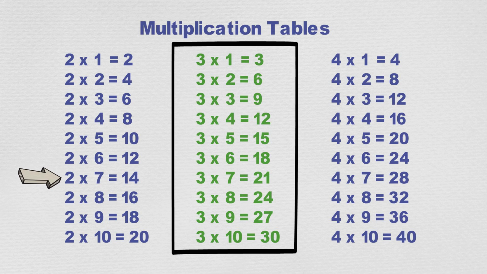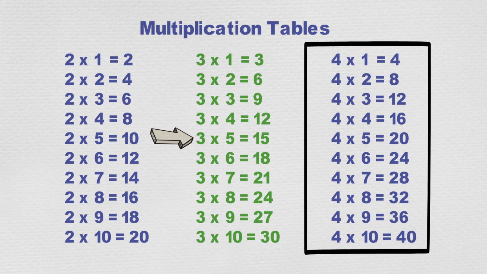For example, you can see here that 3 times 5 equals 15. The 4 times table shows the numbers from 1 to 10 being multiplied by 4. For example, you can see here that 4 times 6 equals 24.